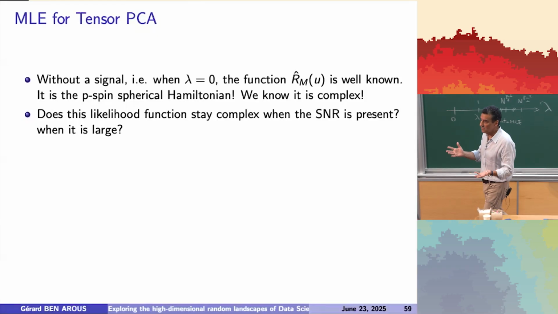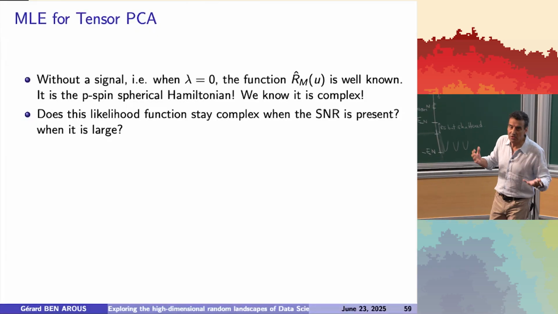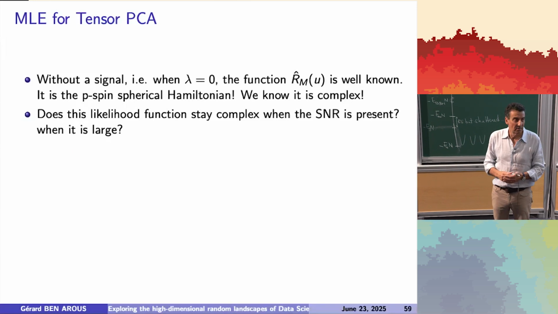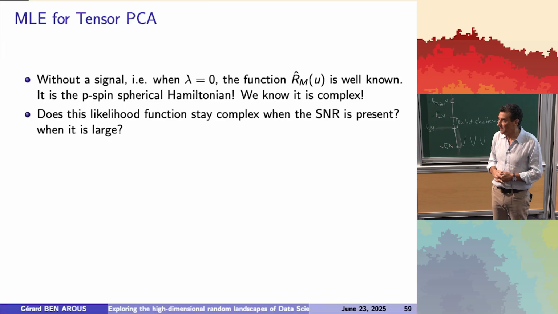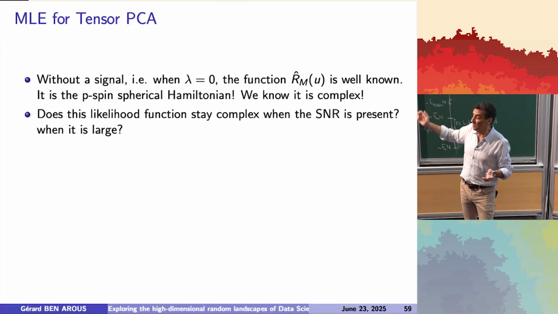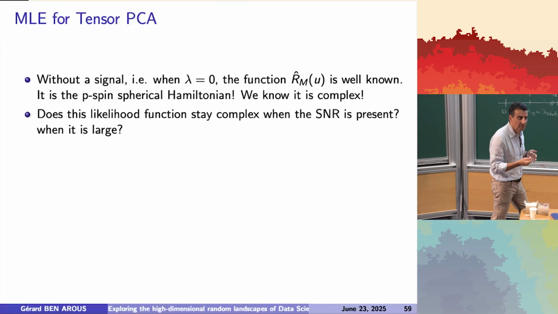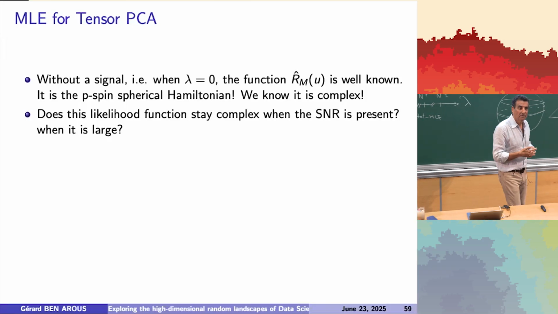Will the complexity of this thing stay serious when you have a very large signal to noise ratio? Having a very large signal to noise ratio means, with what I just described, it's the same thing as having an enormous sample. Should it simplify?